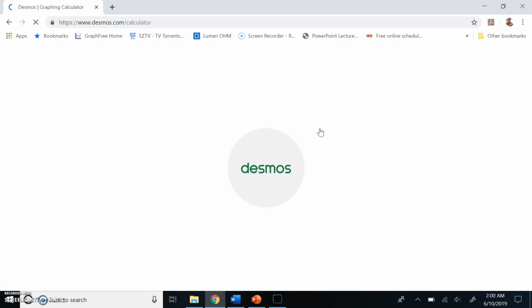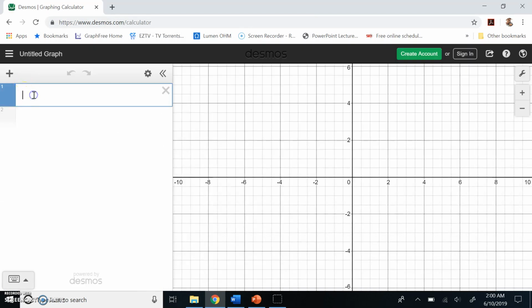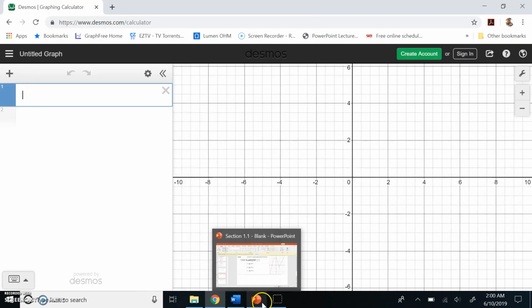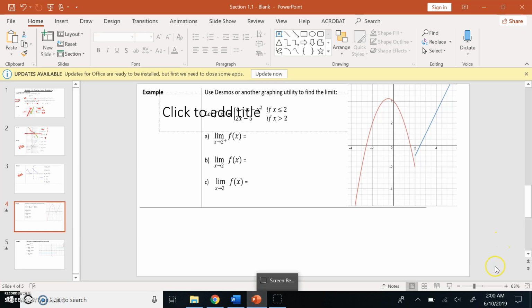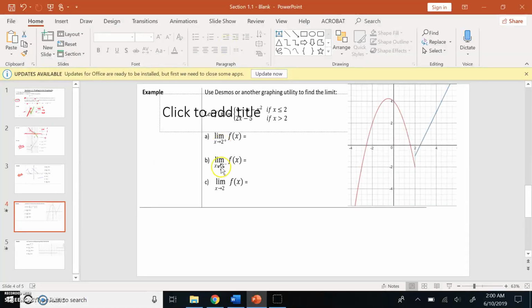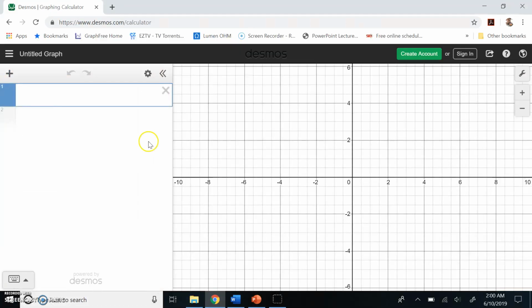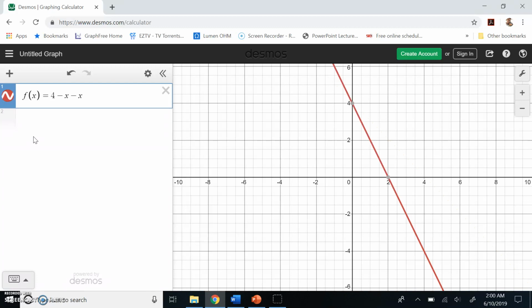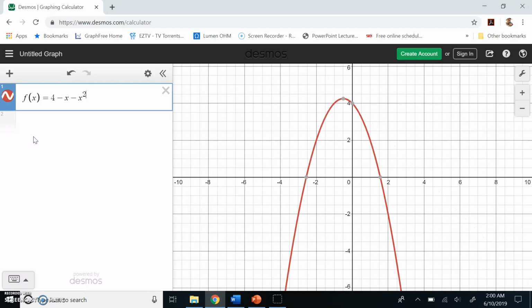Graphing piecewise functions takes a little bit of practice, but I'll do my best to guide you. So our function is this. It's 4 minus x squared if x is less than 2. So here's how we're going to graph this. We're going to put the function f of x equals 4 minus x to the second power.